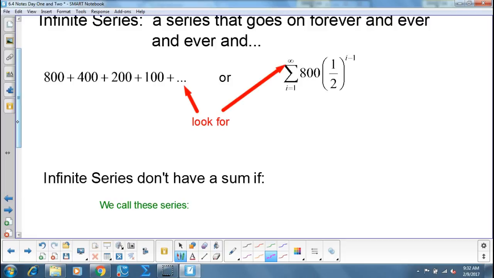The R value. If R is greater than 1. Okay? So an infinite series doesn't have a sum if R is greater than 1. Okay? What do we call those? Divergent series.